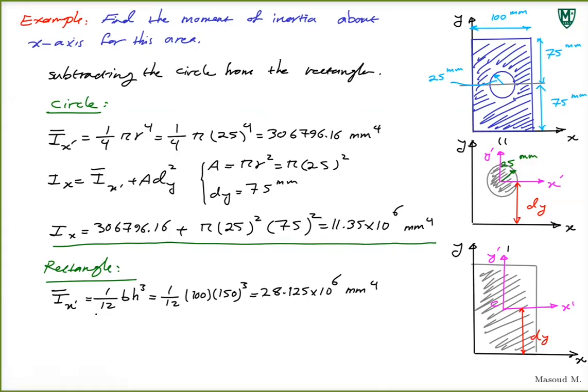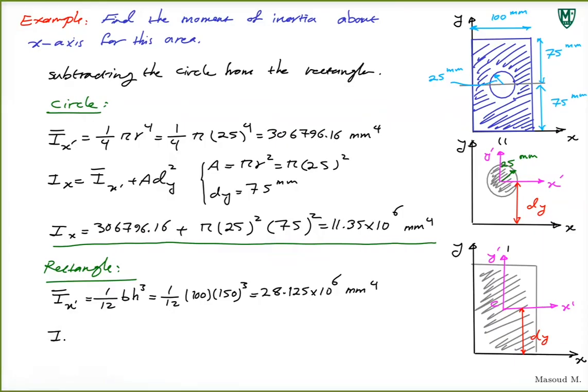Now what we need to find is this area moment of inertia about x-axis. X and y coordinates are the coordinates for the composite area. So everything should be about those axes. In this case, only x, because we're finding only the moment of inertia about x-axis.